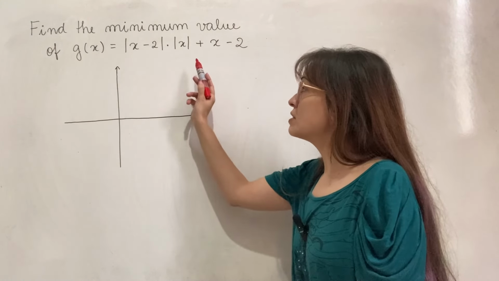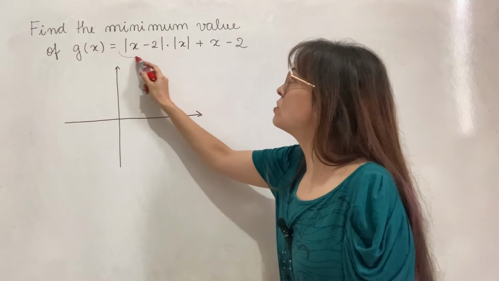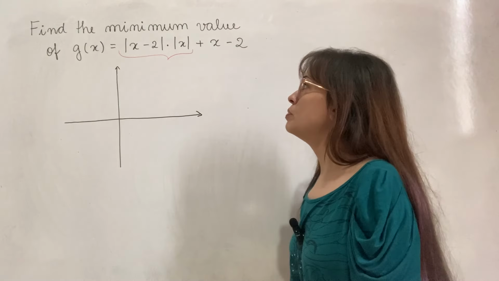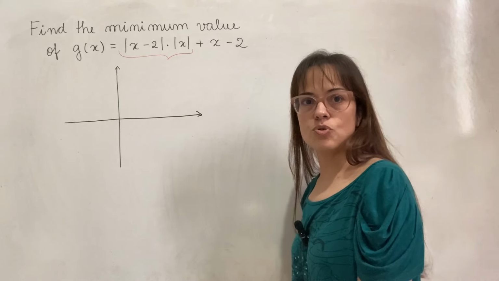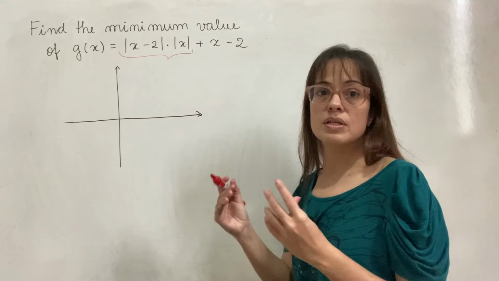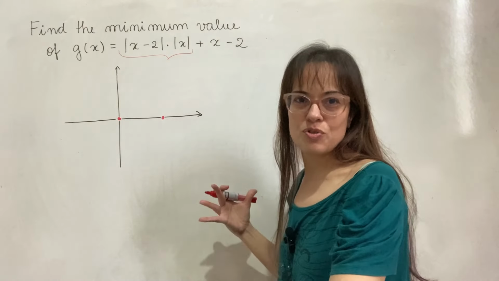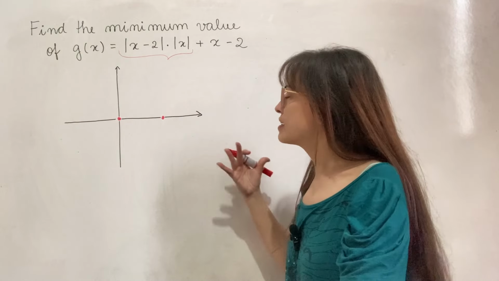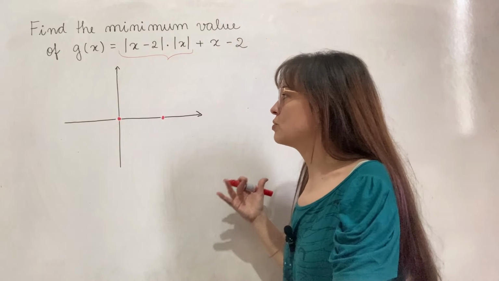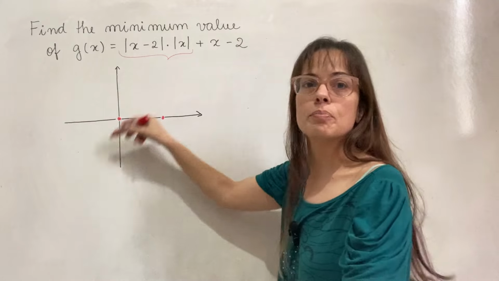So if it wasn't for the absolute values here, this part would be a parabola. It would be quadratic and the zeros would be 0 and 2. So if I was just sketching a quadratic function, the next thing that I would do would be to ask whether the concavity is up or down.